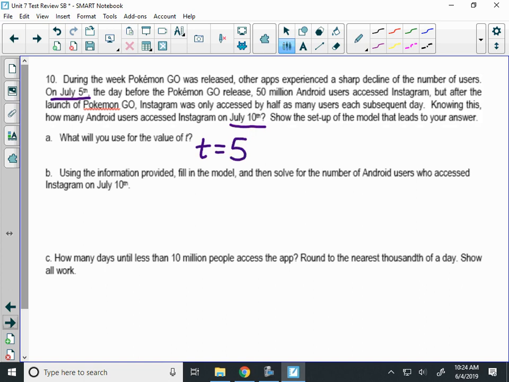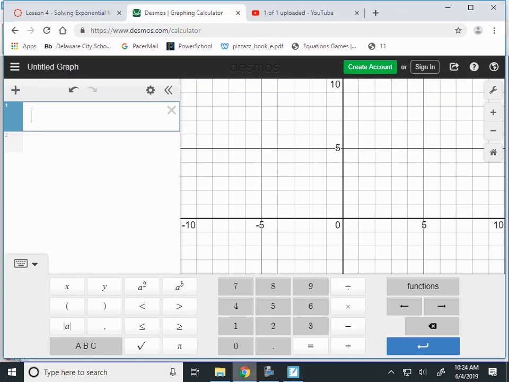So let's find the number of people that use Instagram on July 10th. Started with 50 million people. Now, half as many people, 0.5, use Instagram every day. So I raise that to the 5th power, and I just go ahead and type that into Desmos.